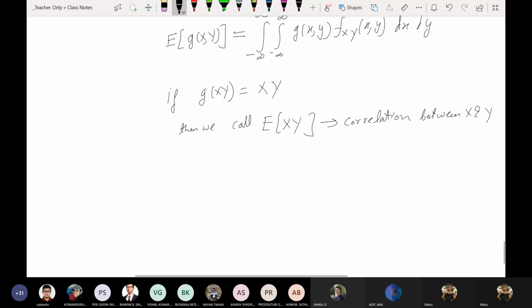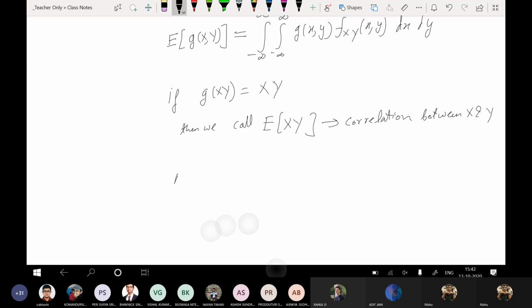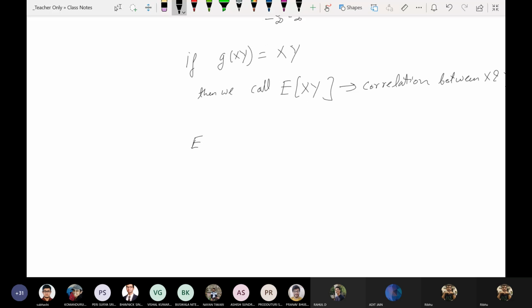And now I can answer that anti-causal question. Sir, why is the question anti-causal? Because he asked the question before I defined correlation.